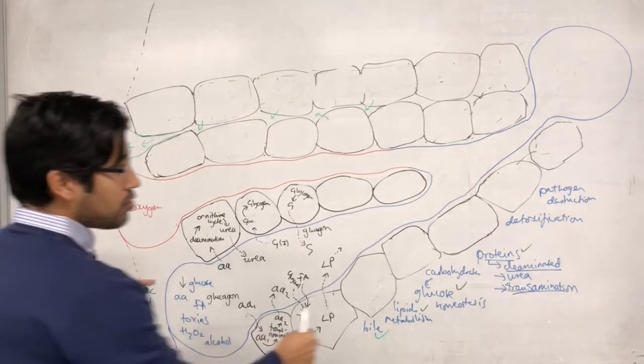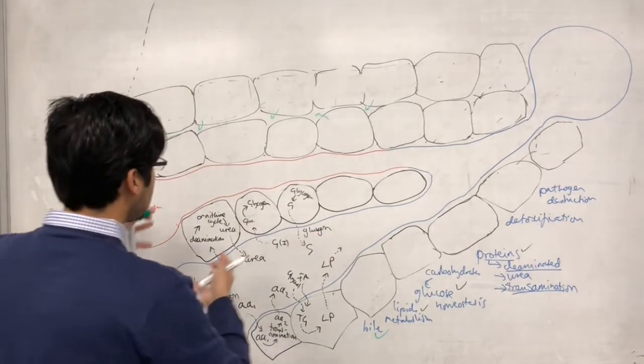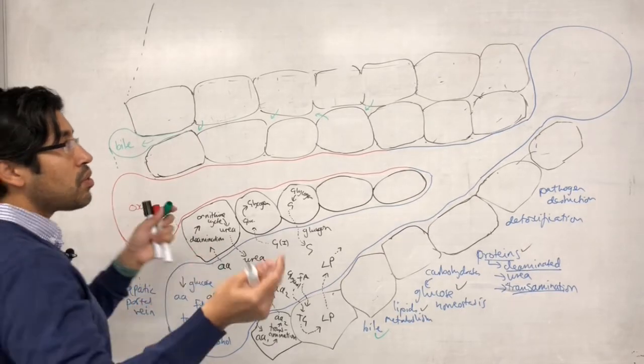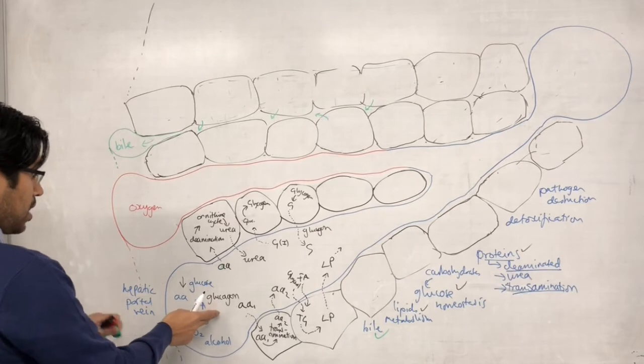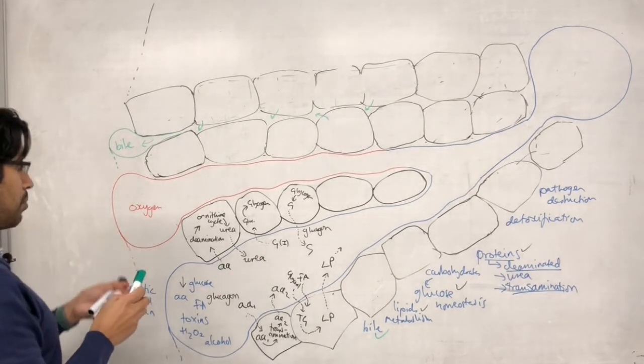What else do we have? We have detoxification. As this blood would flow, it's not necessary that the toxins are just in the hepatic portal vein. Toxins could just as easily be present here.